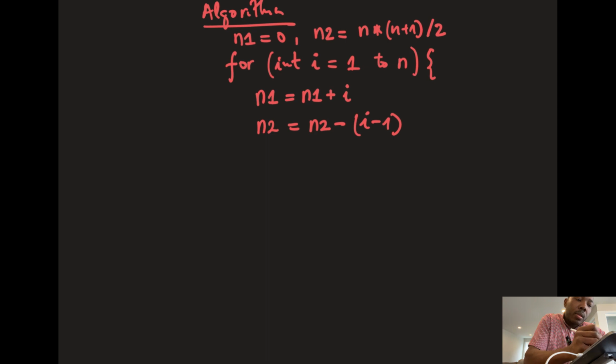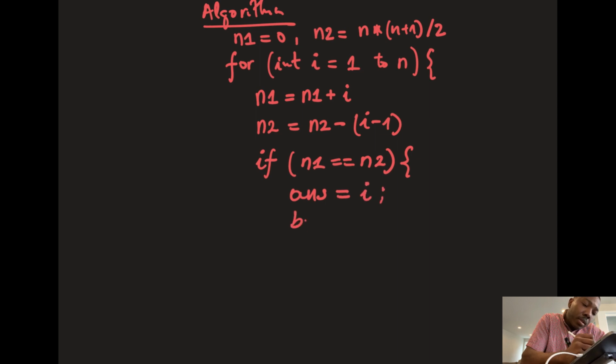We assign n1 plus i to n1, and n2 minus i minus 1 to n2. And if at some point n1 is equal to n2, then we have found our pivot, so we assign i to the answer and break the loop.